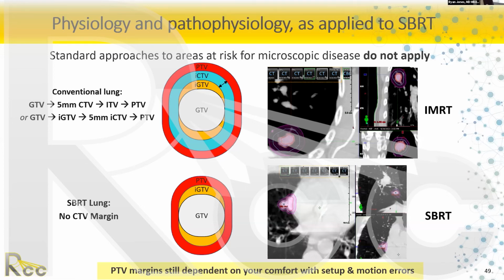And so the earlier trials were done without CTV margins. They were done with large enough PTV margins that we know that from this expansion and from normal dose falloff, we were getting coverage of that microscopic disease.